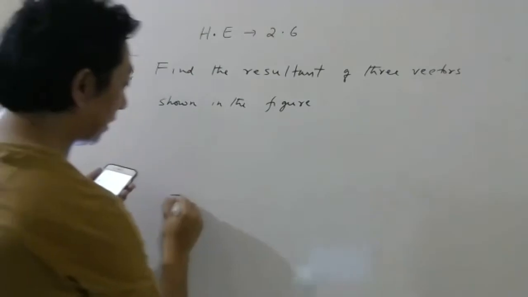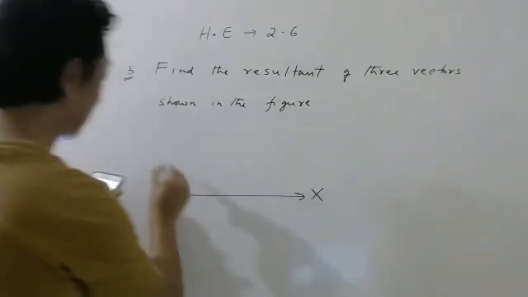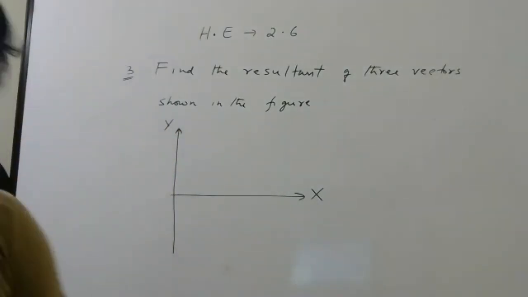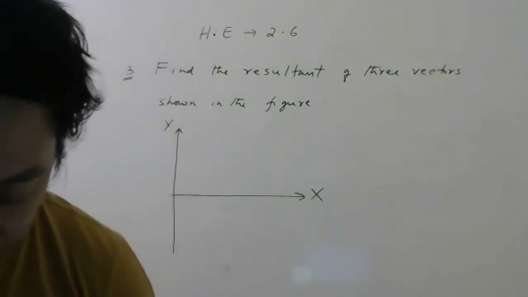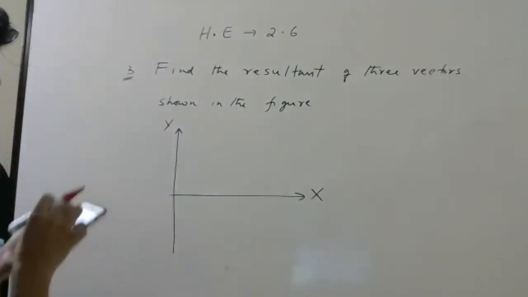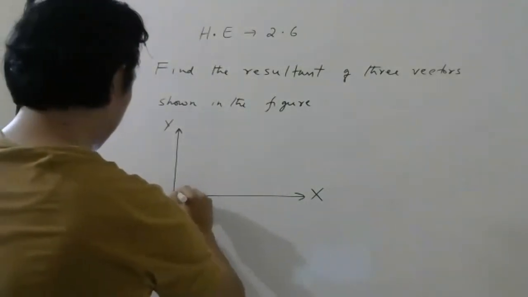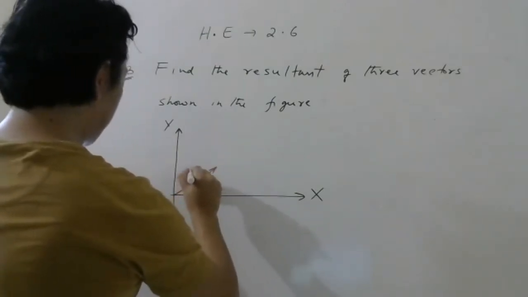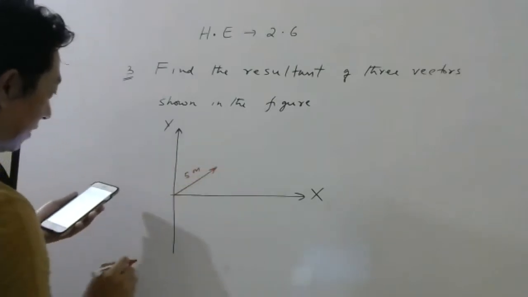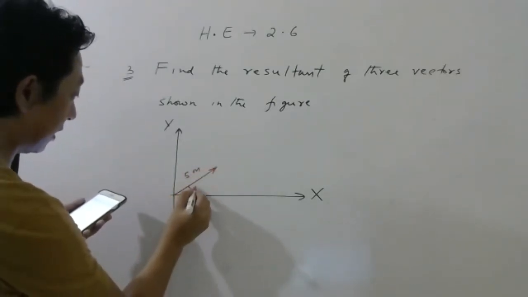In the figure they have shown this is the x-axis, this is the y-axis, and you will see there are 3 vectors. Let me draw the vectors for you. First vector is somewhere here. It is 5 meter, that is, a displacement vector, which is at 30 degree.